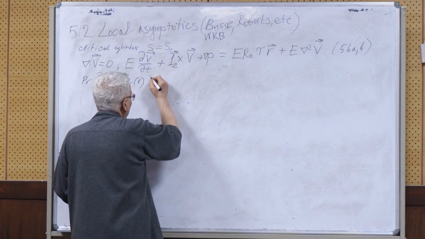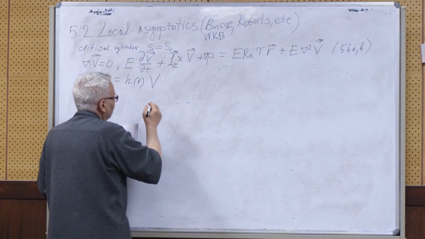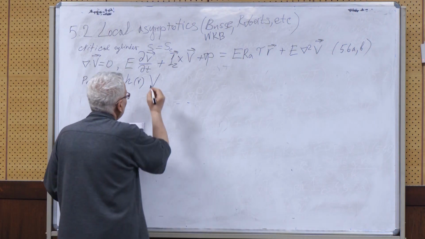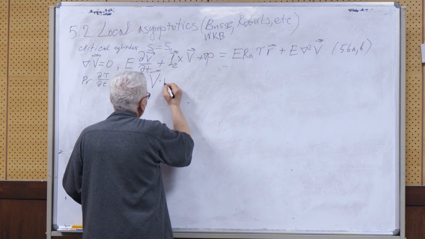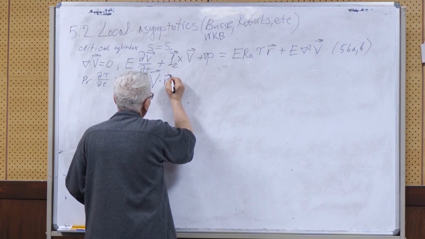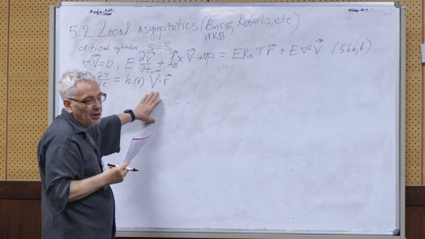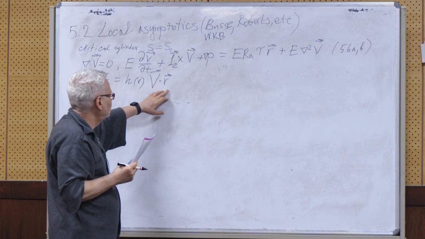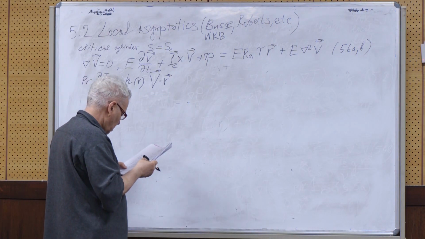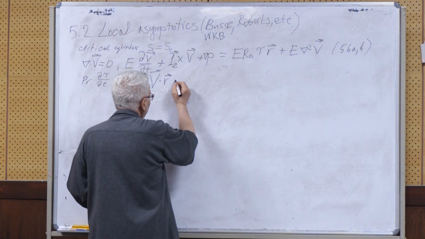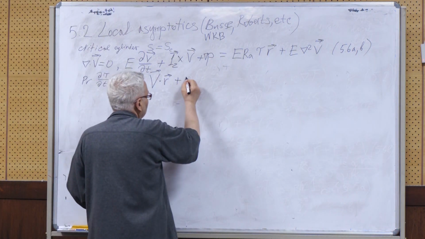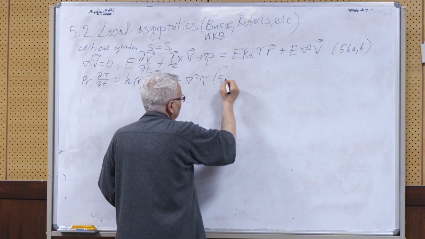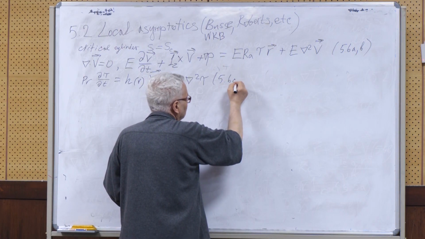And here we have the scalar multiplication of the vector v by the vector r, and obviously this is the r component of v times the spherical radius r. And then, of course, there is the diffusion term, which could be written like that. And this constitutes equation 5,6c.